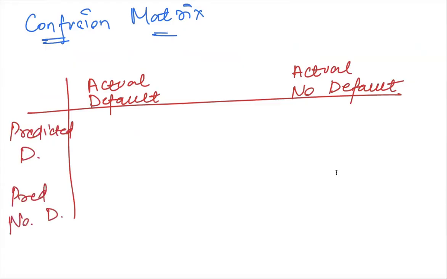Now let me write true positive, true negative, false positive, false negative. Don't worry, I'll explain these terminologies. Just remember this whole table is called a confusion matrix.